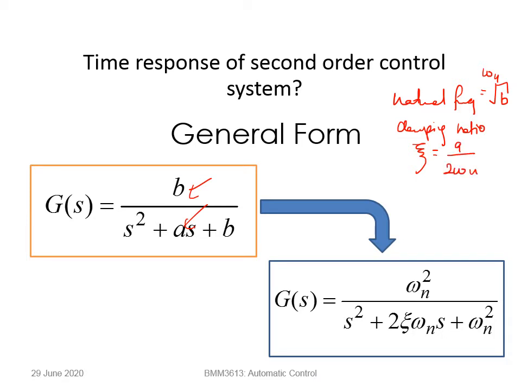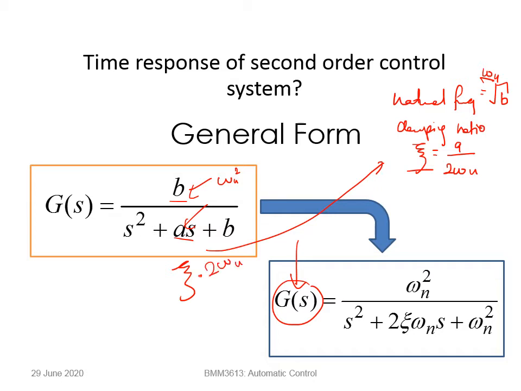So from here, another interesting thing is that we can write the same transfer function, but now not with the parameters a and b, and instead replace a and b with omega n and zeta. So what is b equal to? b equals omega n square, right? And what is a equal to? Looking at the definition here, a is zeta multiplied by 2 omega n.